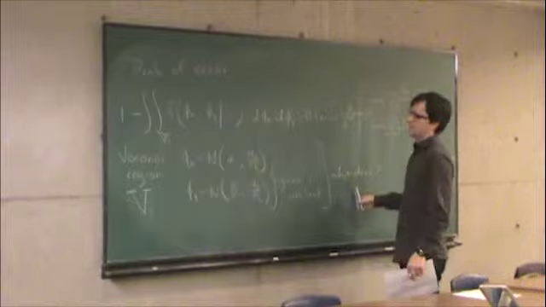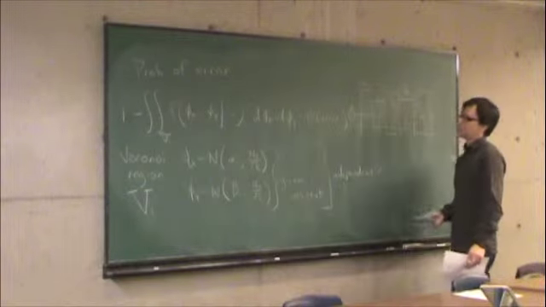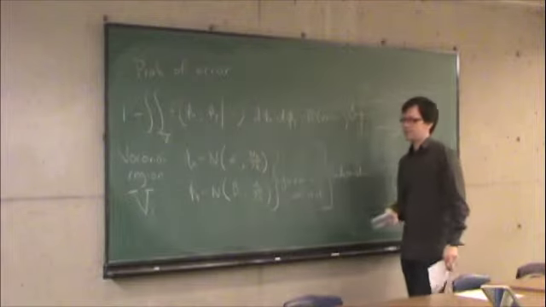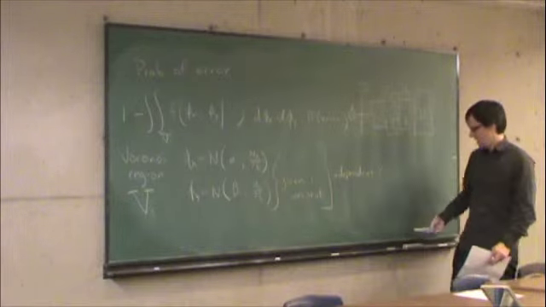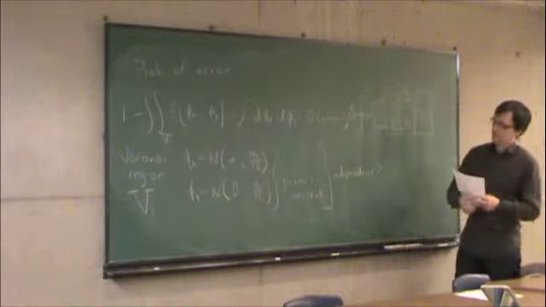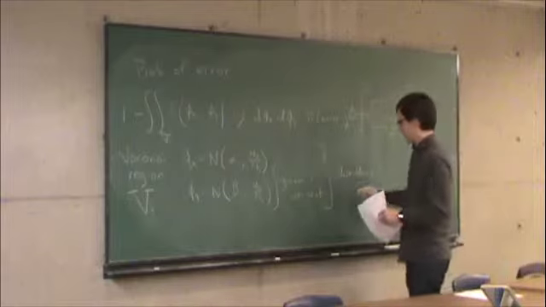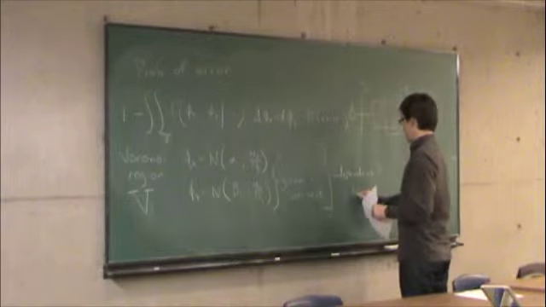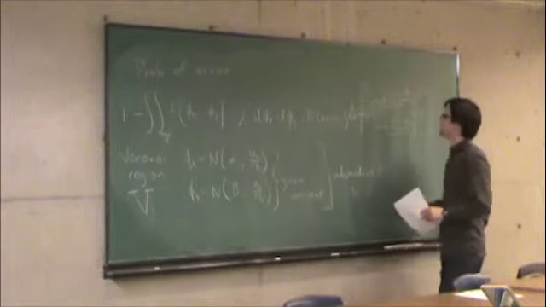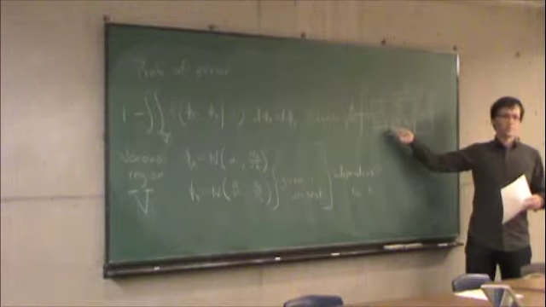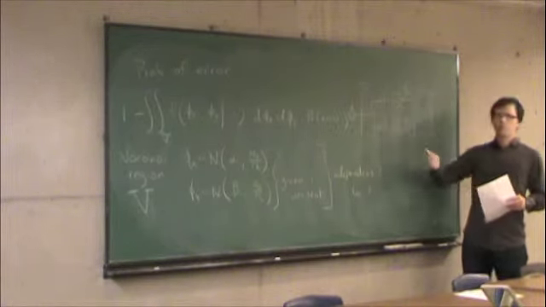Are these independent? If they are, we can split this into two Gaussian probability density functions. We know how to deal with those. It turns out, I will not show this, it's not too hard to show, but it turns out that they are independent if these two basis functions, these two filters, are orthogonal.